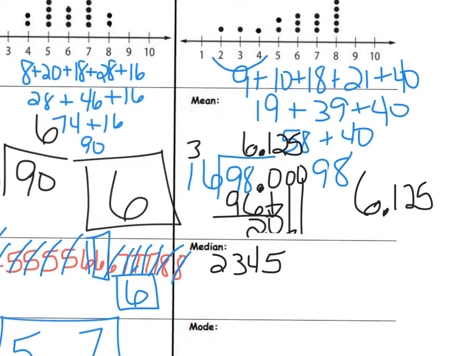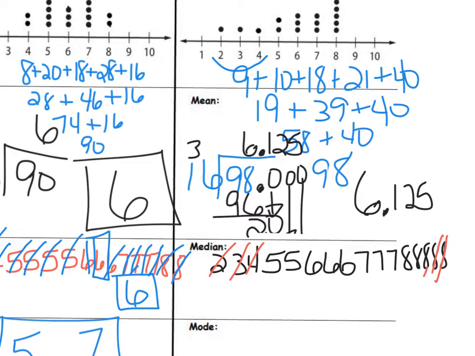There's 5, 5. There's 6, 6, and 6. 7, 7, and 7. And then we have 8, 8, 8, 8, 8. Okay, so now we're going to cross them out one by one.